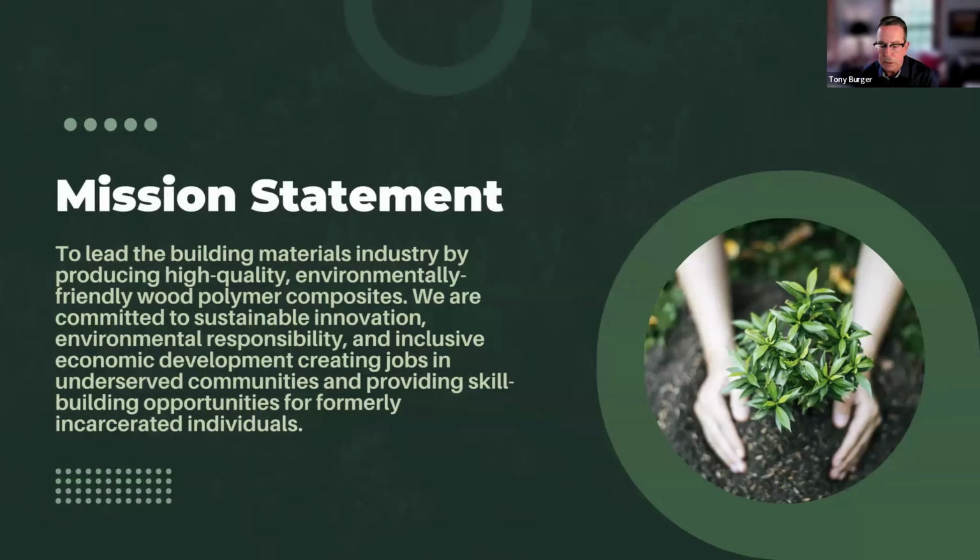So that's an important consideration when you think about our products against other products. Just keep in mind that our outreach goes beyond just making a profit and making a great product. Those are important, but it's also important that we touch the lives of those in the community.